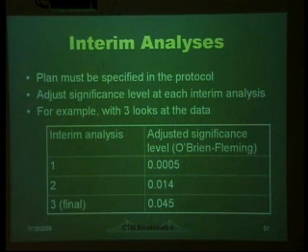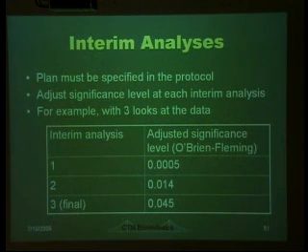So at the first interim analysis, maybe after a third of the patients are evaluable, you would use a significance level of 0.0005. So there's a chance of stopping, but it's very small if there's no effect. So you require a very small p-value to stop at that point. Second interim analysis, you would use a p-value of 0.014. And then at the final analysis, you would use a threshold of 0.045 for the p-value.